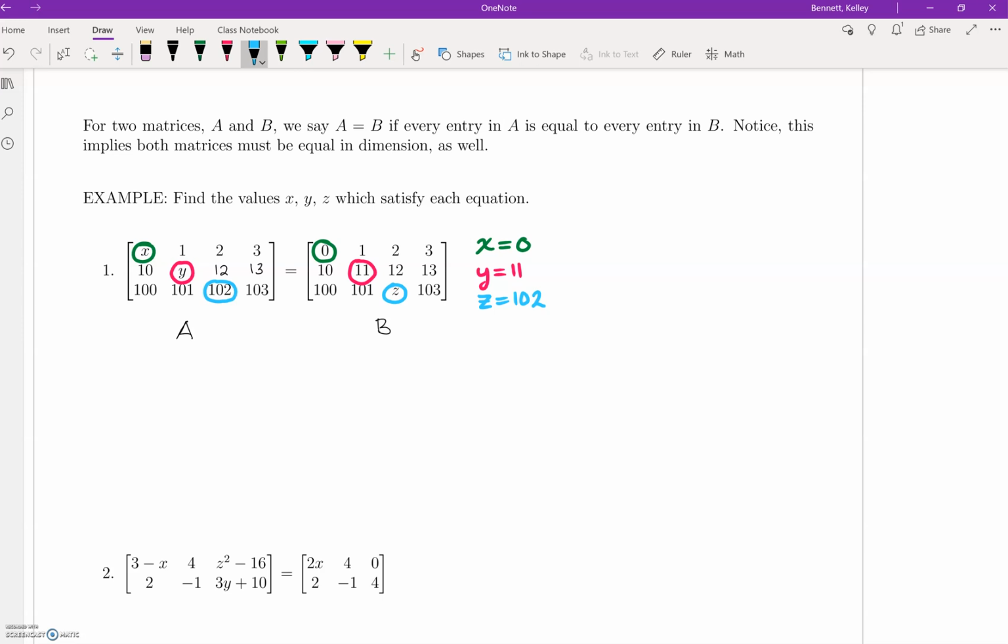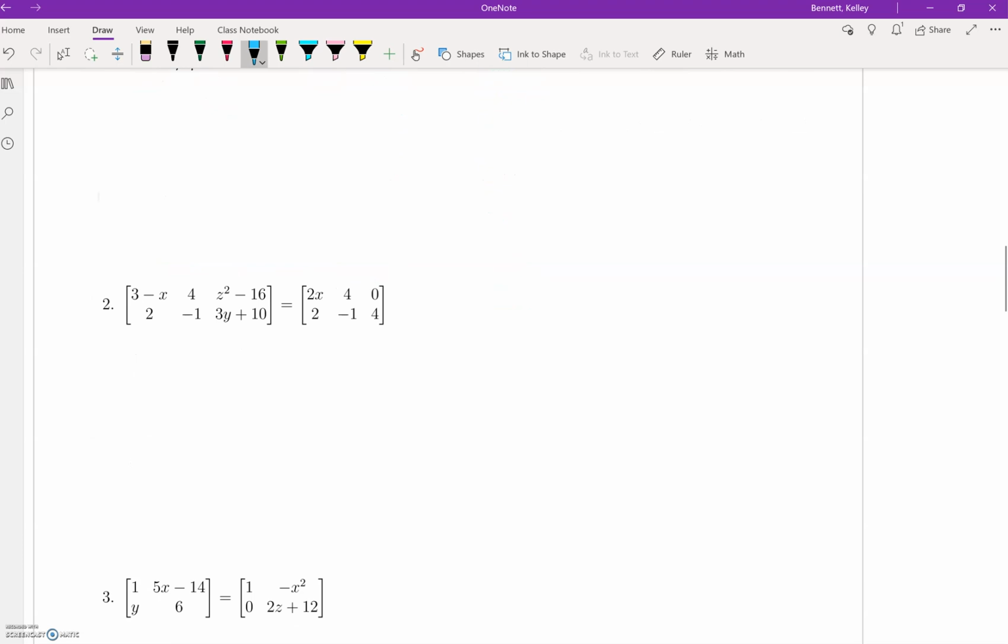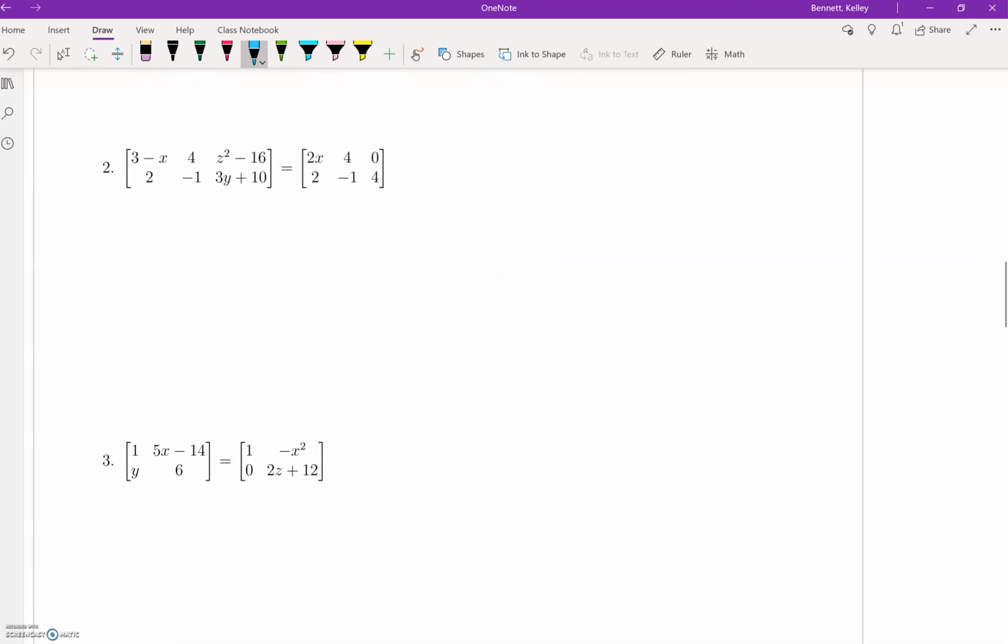Let's do a little bit more complicated version of this. Let's look at example number 2. So here we're going to get that 3 minus x has to equal 2x. So that's coming from here.